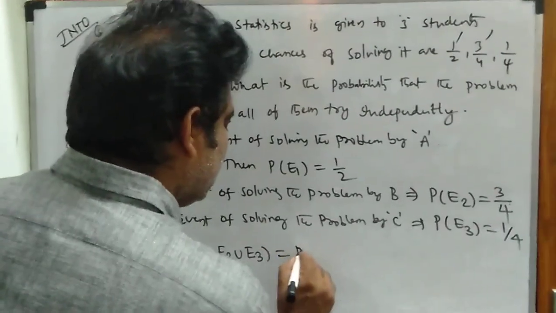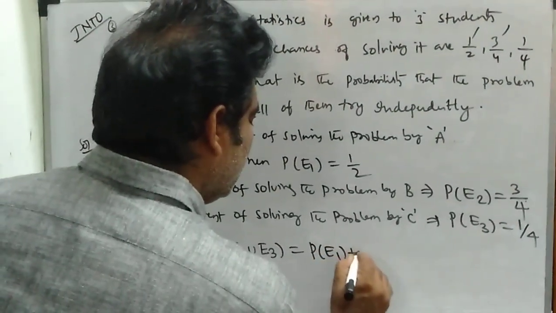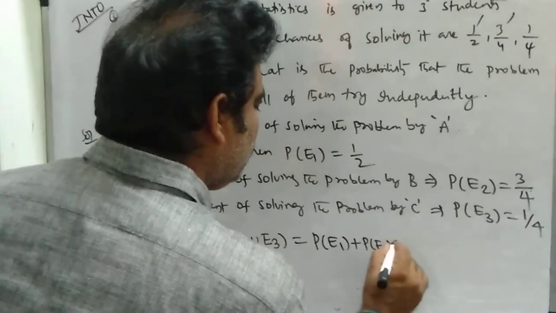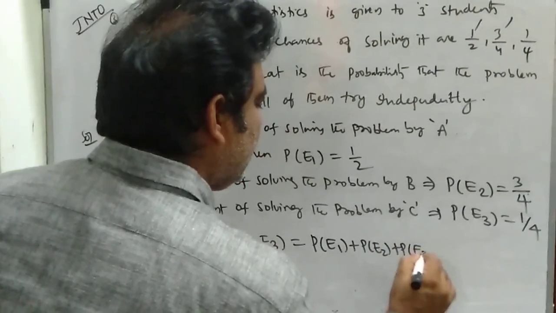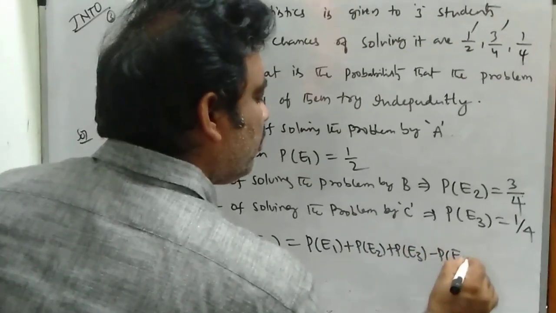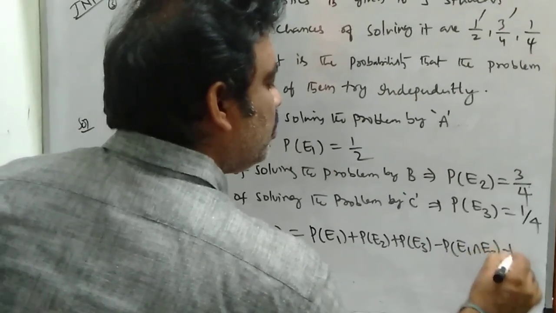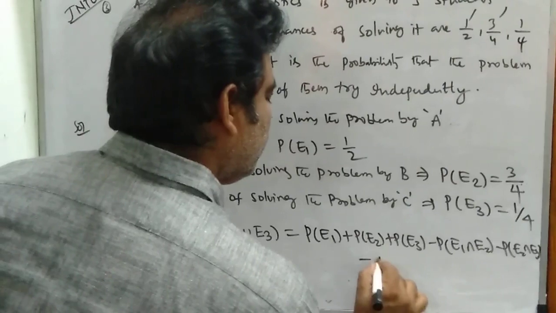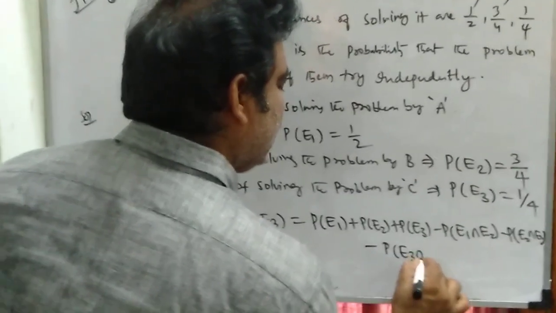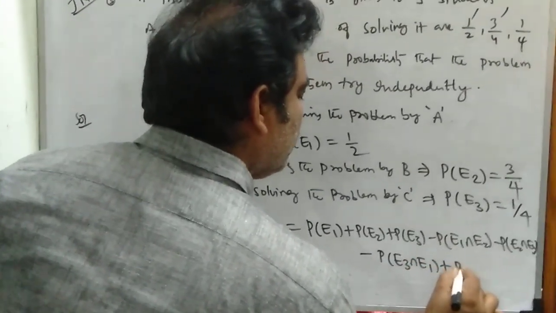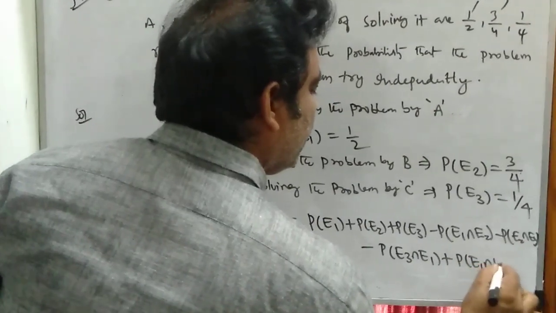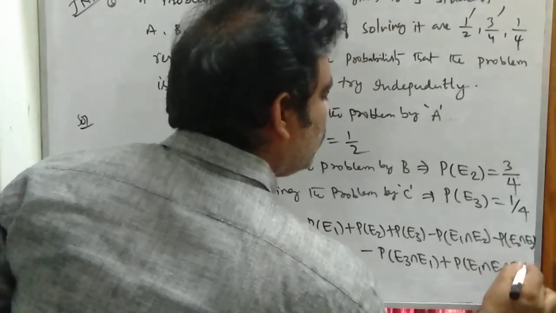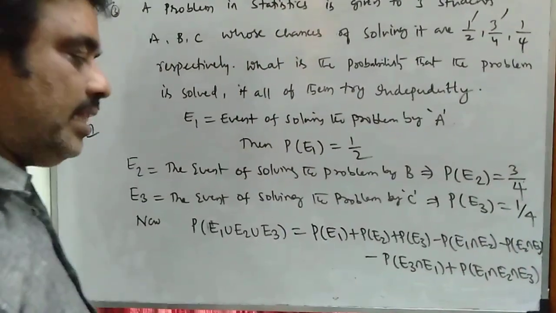So by the addition theorem, P of E1 plus P of E2 plus P of E3 minus P of E1 intersection E2 minus P of E2 intersection E3 minus P of E3 intersection E1 plus P of E1 intersection E2 intersection E3.